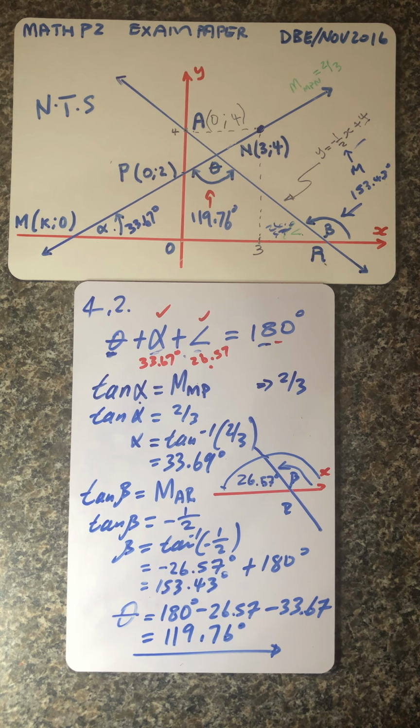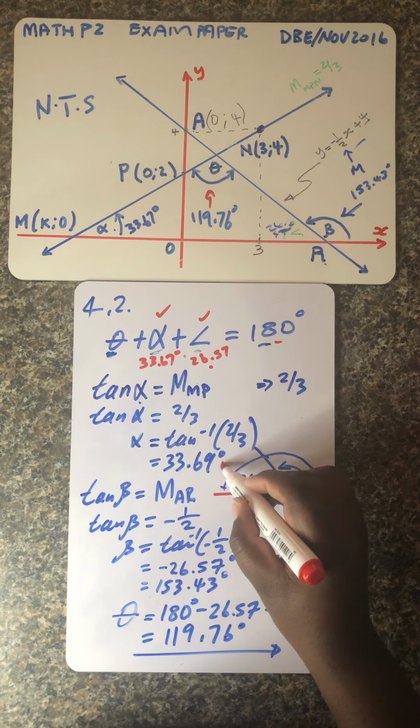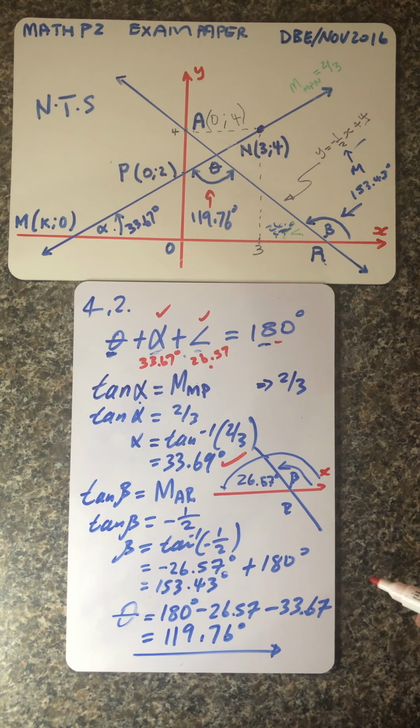Okay, so now this is where you score some marks. Let's see where you score your first mark, because it's very important that you calculate this angle. So this is where we'll give you your first mark for calculating the first angle.